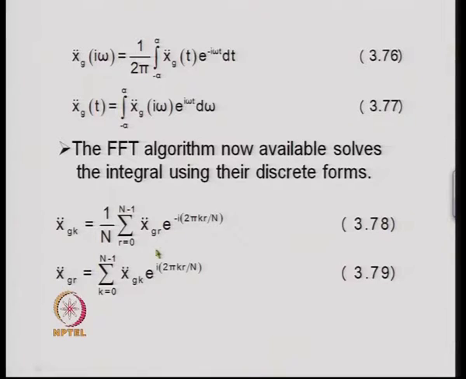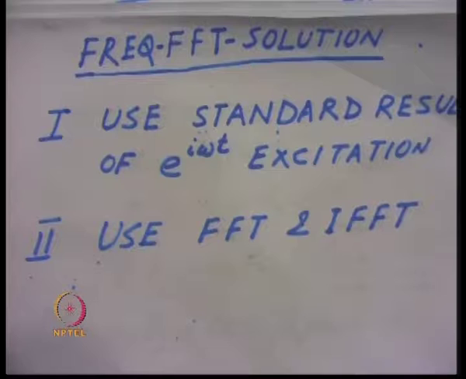So, we use this pair of the discrete Fourier transform to obtain the frequency contents of the ground motion, and the solution here is then called a frequency domain FFT solution of the problem. That means, here we are using frequency FFT solution.